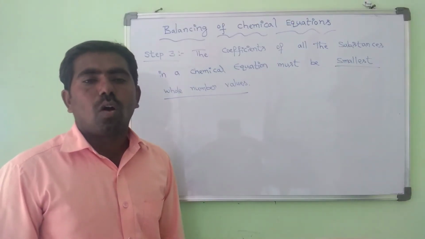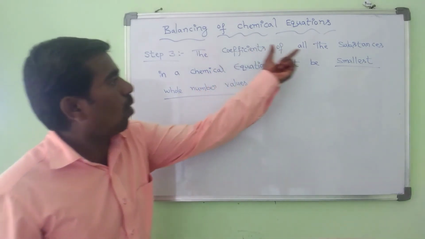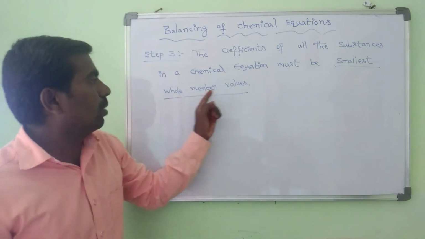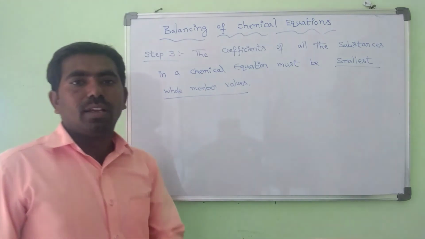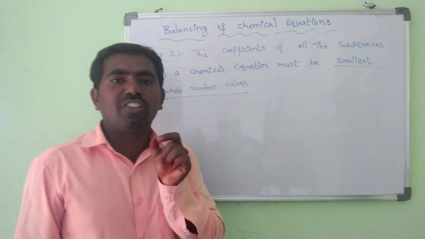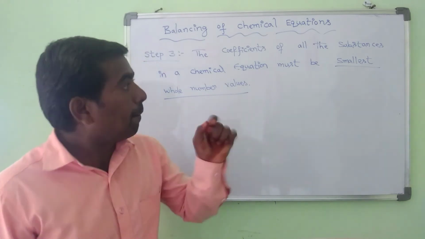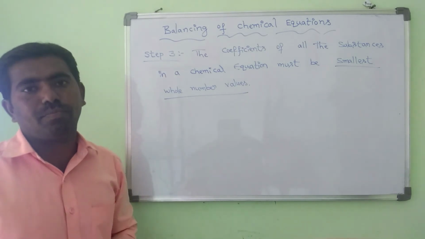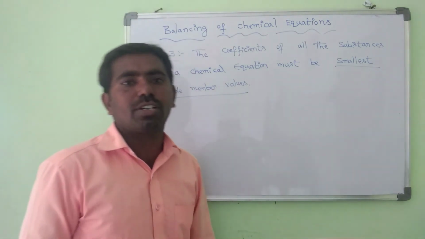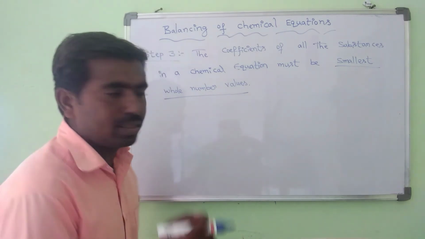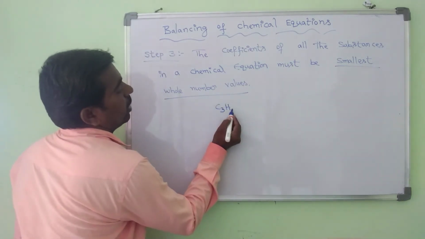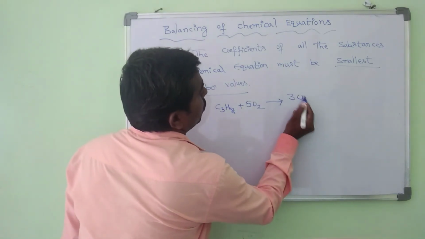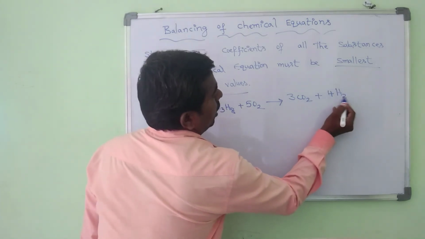Step 3. According to this step, the coefficients of all the substances in a chemical equation must be the smallest whole number values. It means in a balanced chemical equation, each and every coefficient of a chemical substance must be the smallest whole number value. For example, I am writing the previous equation which we balanced: C3H8 plus 5O2 gives 3CO2 plus 4H2O.